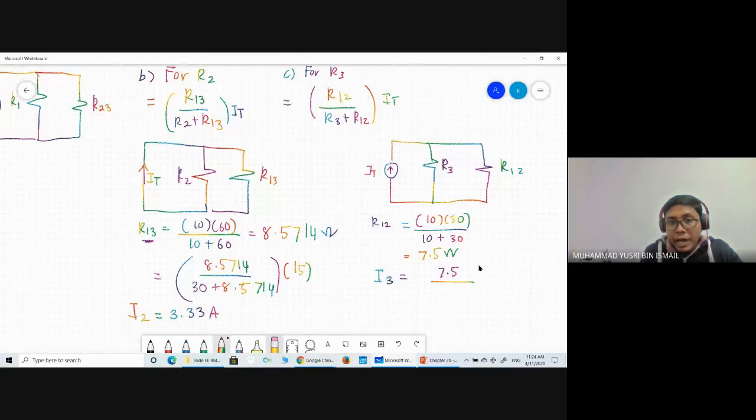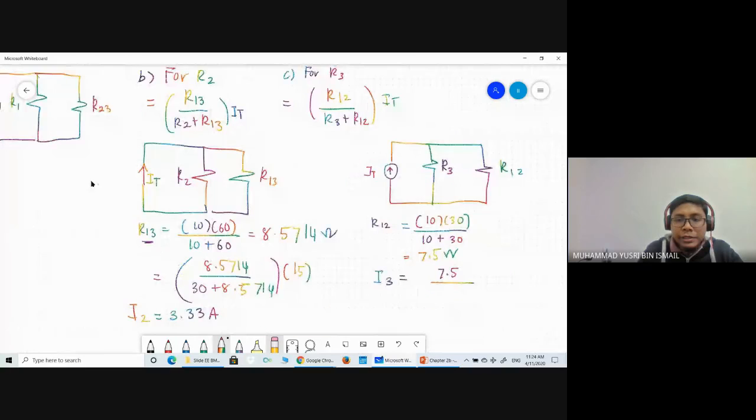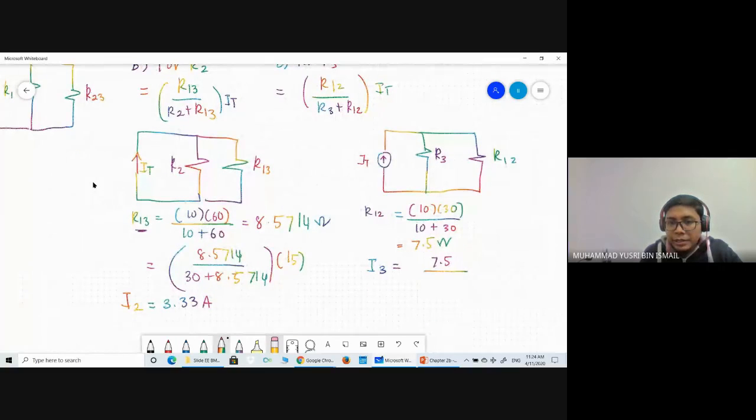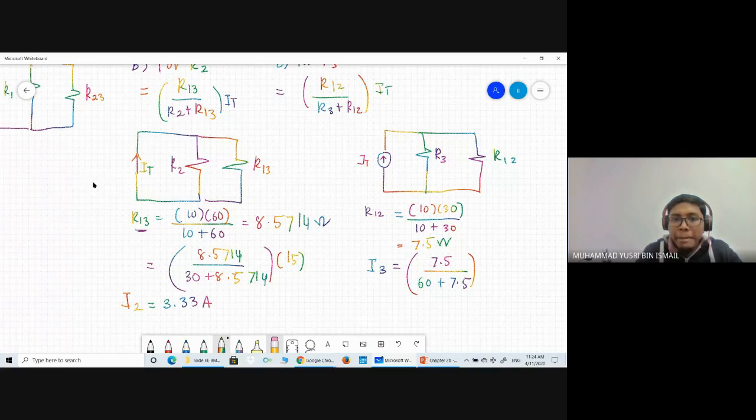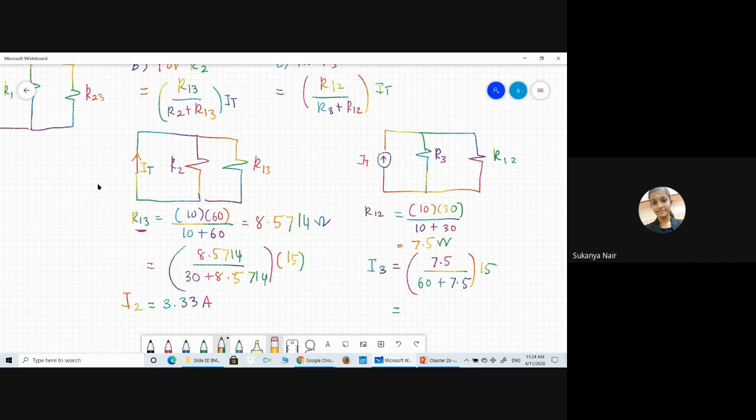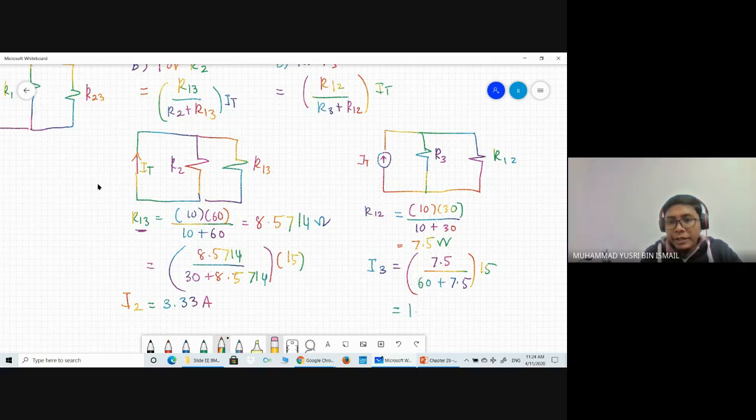Then R3 is equal to 60, so 60 plus 7.5, times I total 15 ampere. That gives 1.67, very nearly 1.67 ampere.